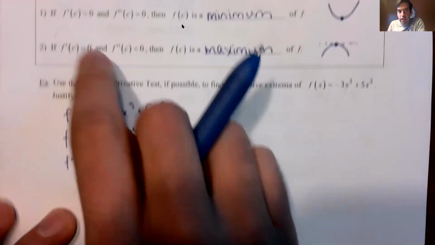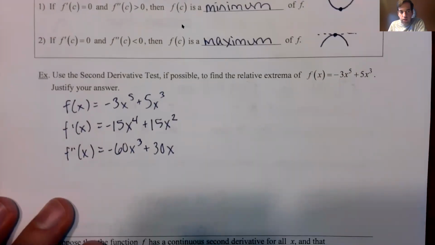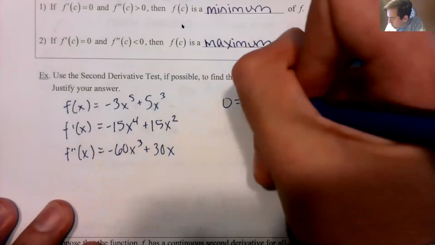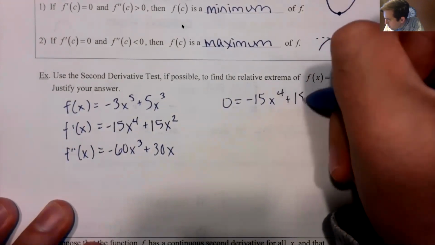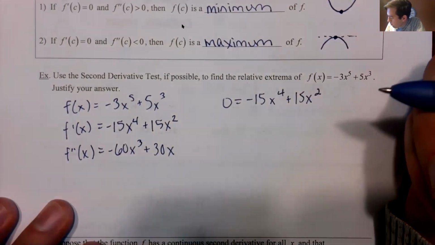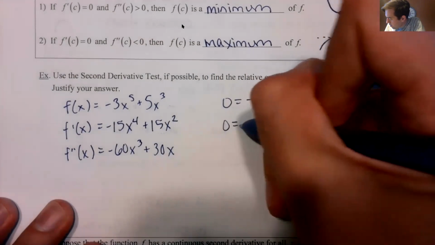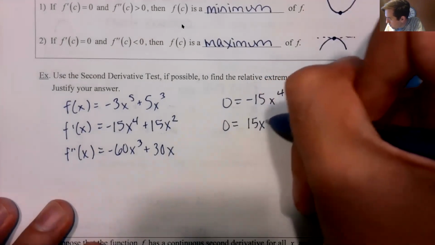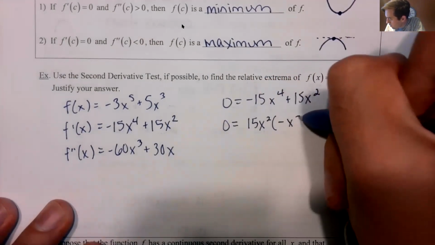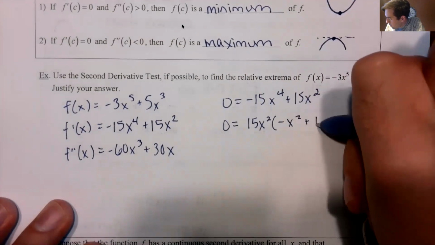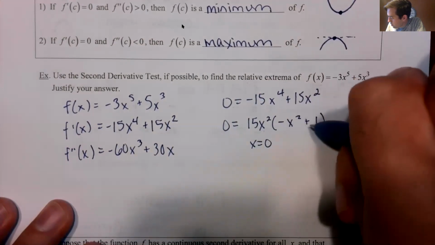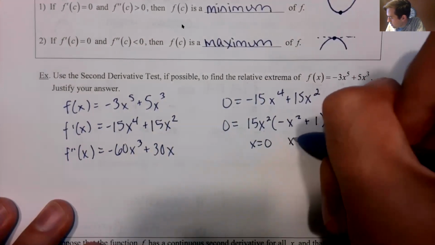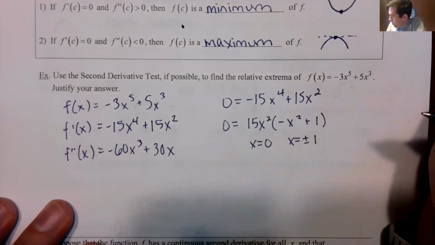We are going to check where the first derivative equals 0. So let's do that first. I can pull out 15x squared. And we get x equals 0. If I solve this for x, I get x equals plus or minus 1.